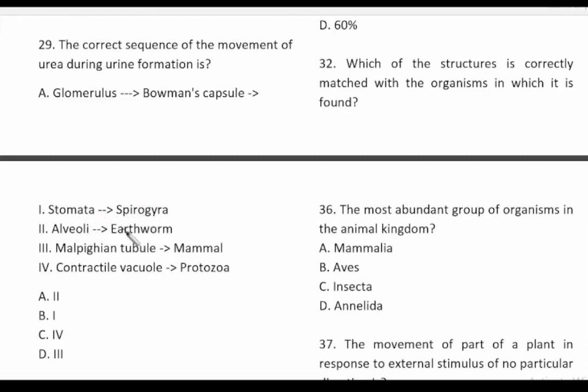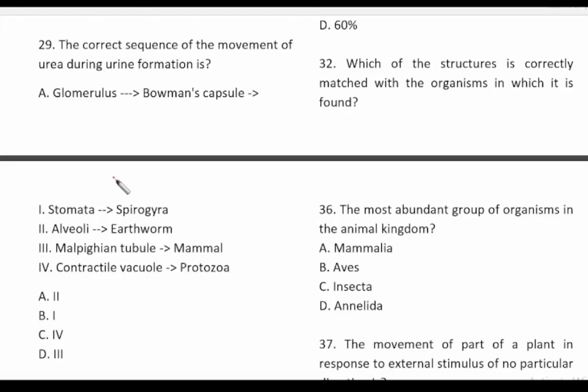And then alveoli and earthworm. We don't see alveoli in earthworm. The alveoli are found where there are lungs, and the exchange of oxygen and carbon dioxide takes place in the alveoli during the process of breathing in and out. And then we have the third one there to be malpighian tubule and mammal.